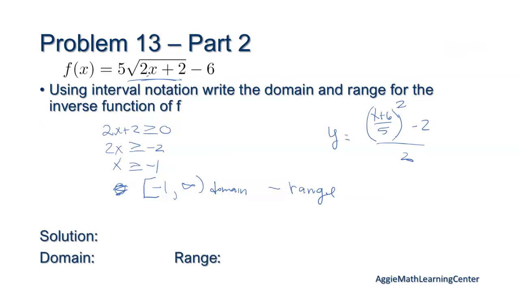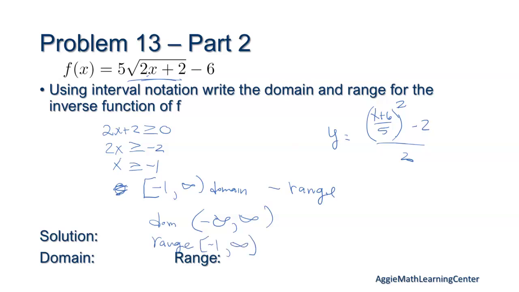Okay, is there anything in this one that will restrict our domain? I'm going to go ahead and say no. So our domain is from -infinity to infinity, and our range is from -1 to infinity.